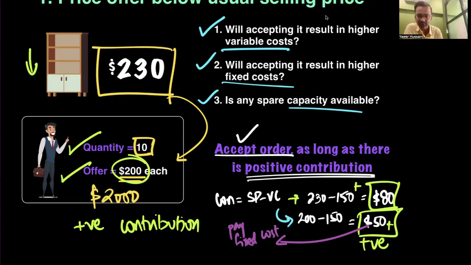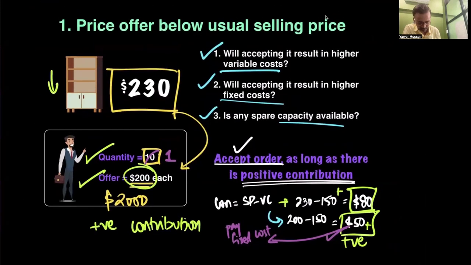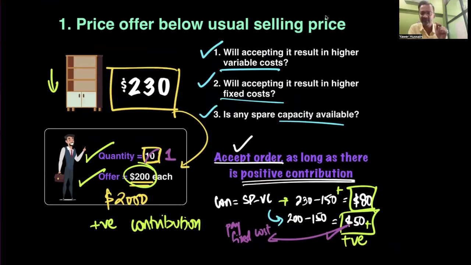If there is positive contribution, you go ahead with that offer. Even if this was one unit, you're still making $50 worth of contribution. You will still go ahead and make that order. Okay, so remember the rule. Positive contribution means you accept it and you go on.